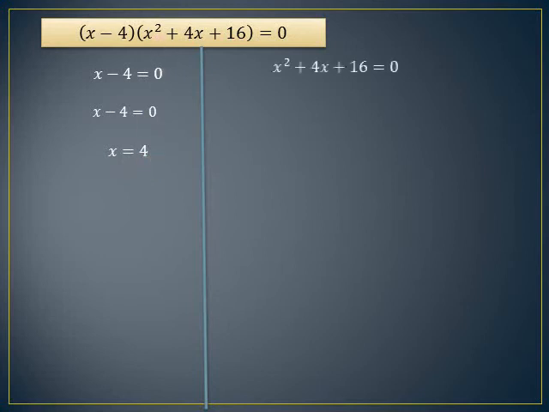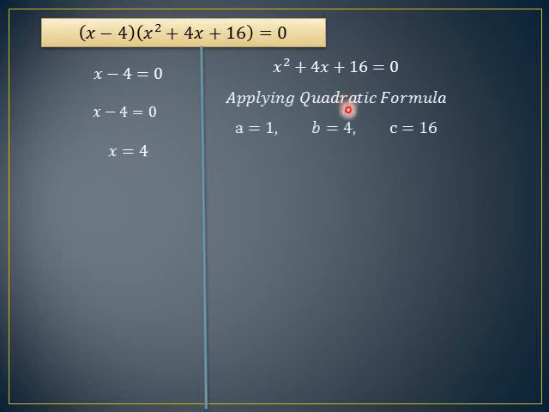Taking the other bracket, x square plus 4x plus 16 equals 0. As we cannot break the middle term here, we will apply the quadratic formula. Finding the values of a, b and c, the coefficient with x square is a, which is 1, the coefficient with x is b, which is plus 4, and the constant term is c, which is plus 16.